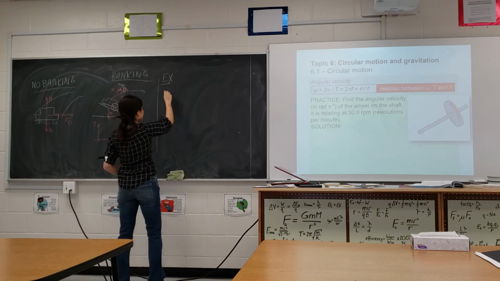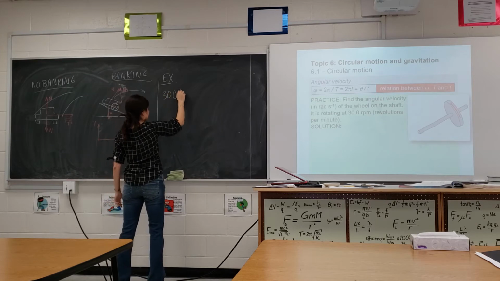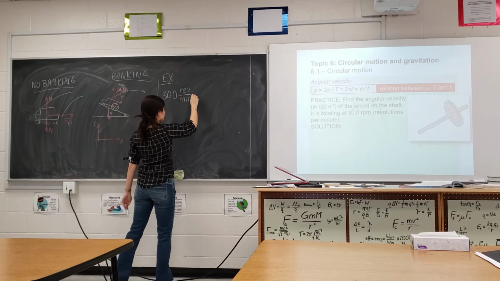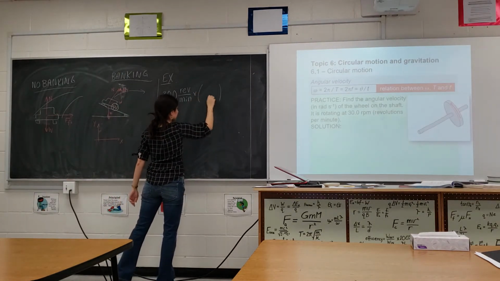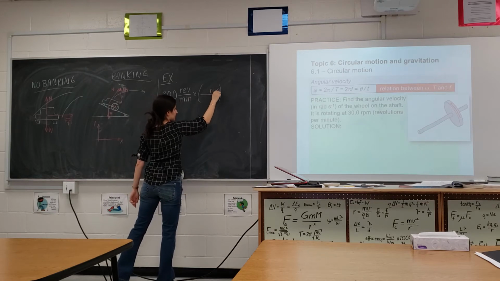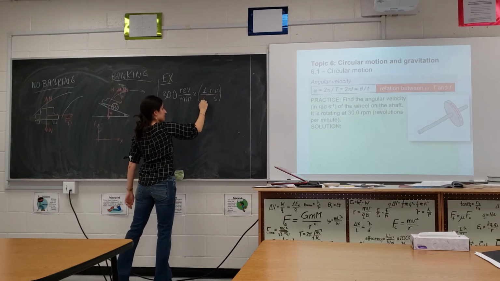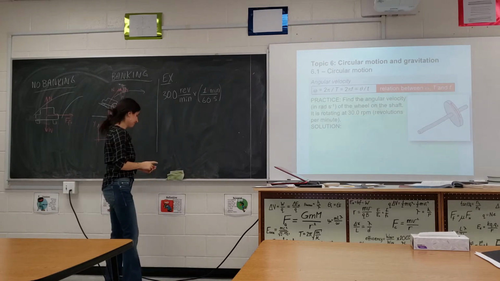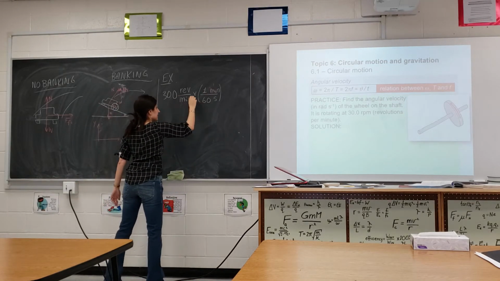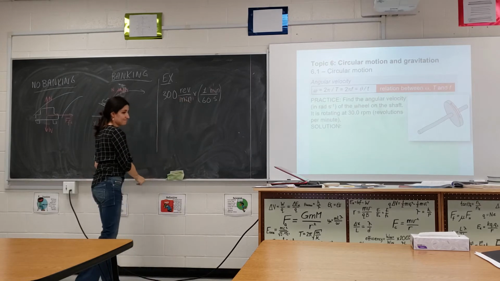So we have 30 revolutions per minute. Now I need to get rid of the minutes and make that into seconds. So seconds is going down on the bottom, minutes is going on top. 1 minute is 60 seconds. This way I cancel my minutes and I'm left with revolutions per second.